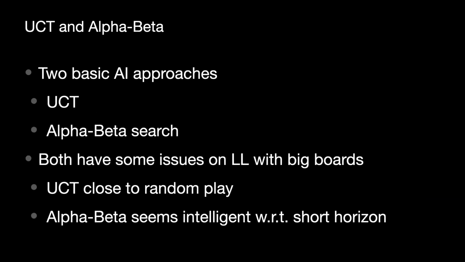Both of them had some issues on these Ludus Atroculorum games, especially the versions with the big boards, which went up to 18 by 18. Go is a common game that has a 19 by 19 board, right? But Go doesn't involve moving pieces. It's just placing stones.